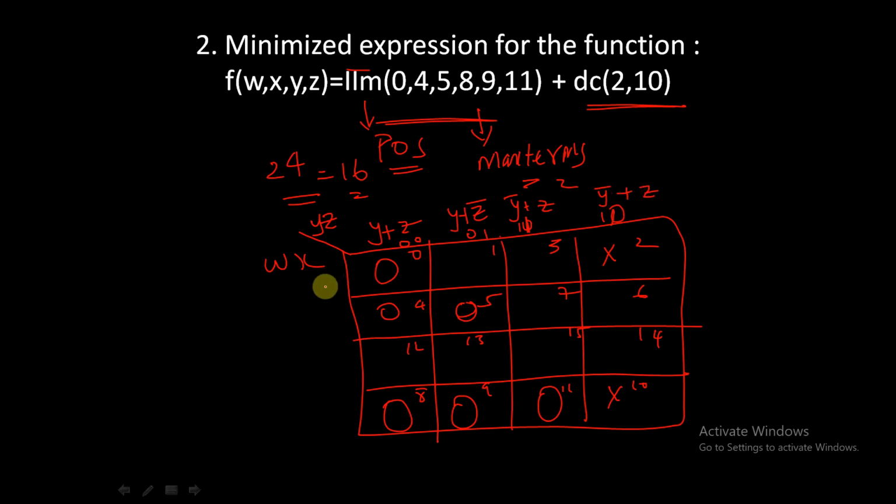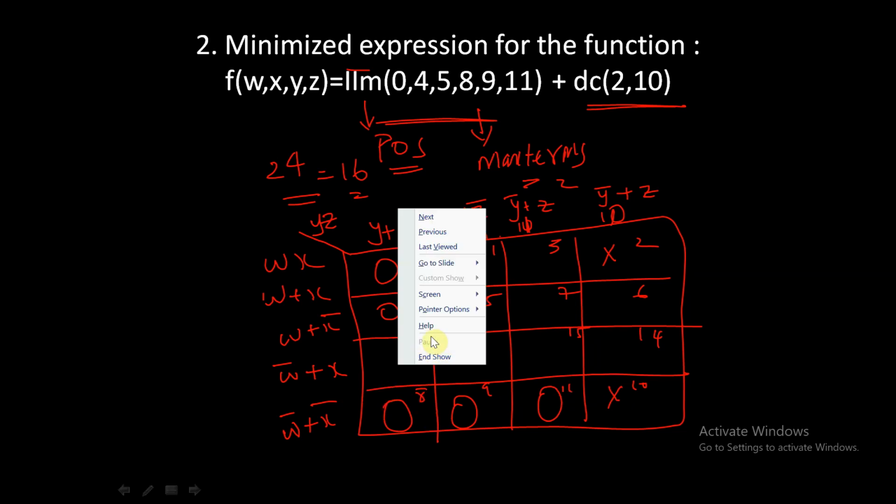Here also w plus x, w plus x bar, and here it is w bar plus x bar, w bar plus x. Like this you can form, do the grouping, and write down the answer. If you have don't cares, you can group the don't cares too. Wait a minute, let me change the color.